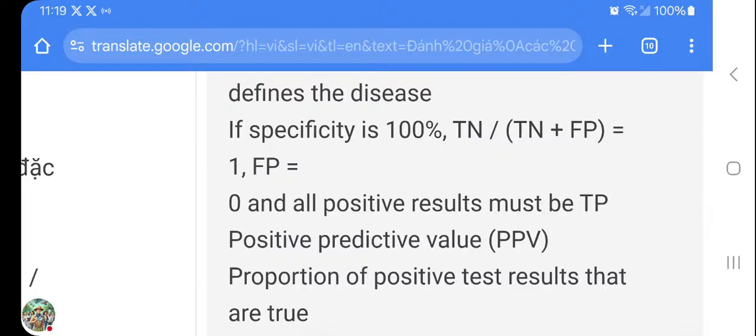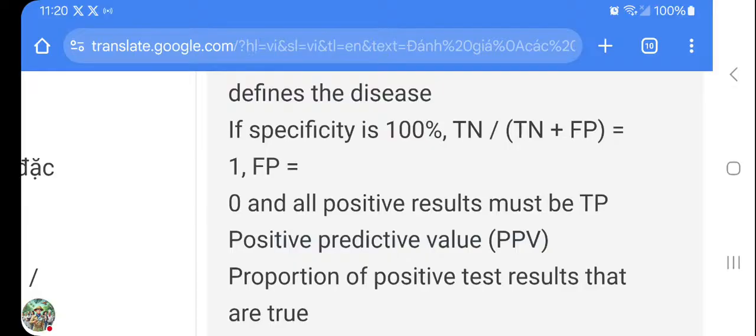So if specificity is 100%, then false positive equals 0. That's correct, right? Because 100% equals 1, and we know the formula: specificity equals 1 minus the false positive rate, and the false positive rate is a ratio. So 1 equals 1 minus 0, which is why the false positive must be 0.